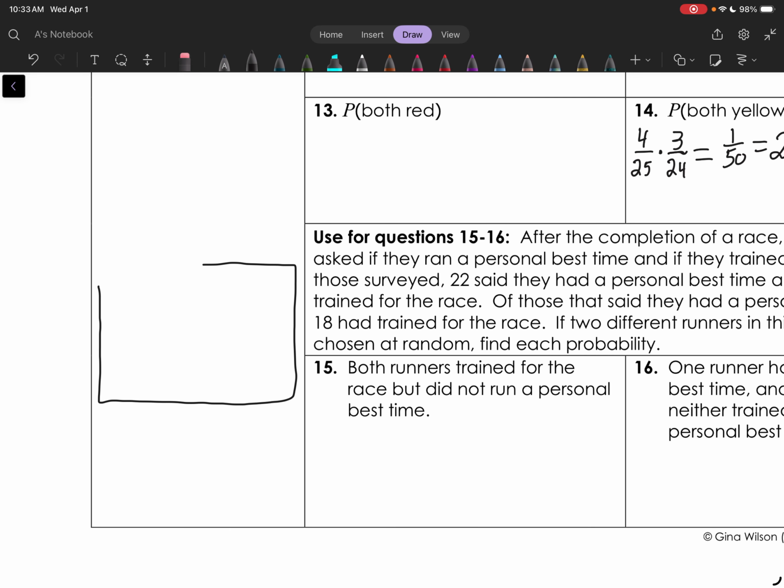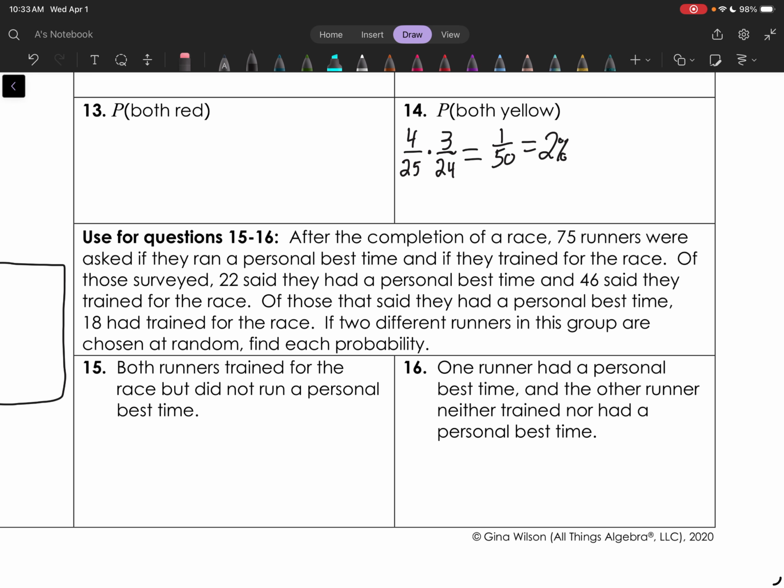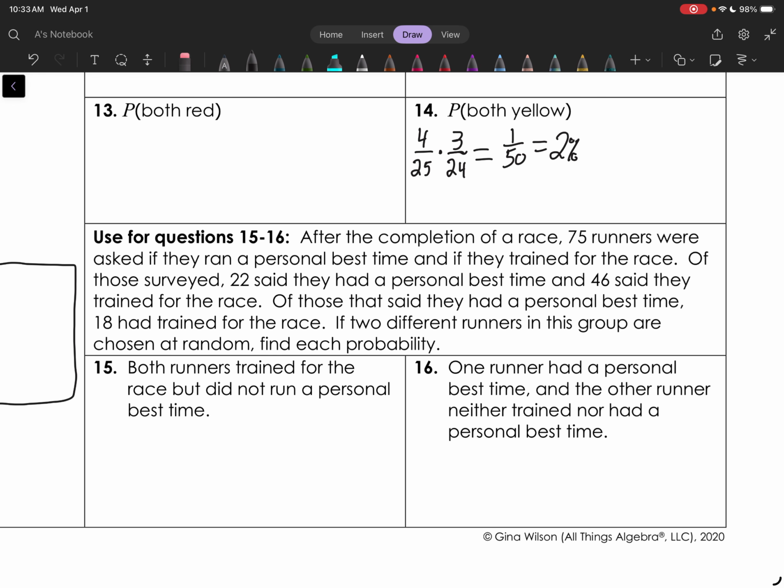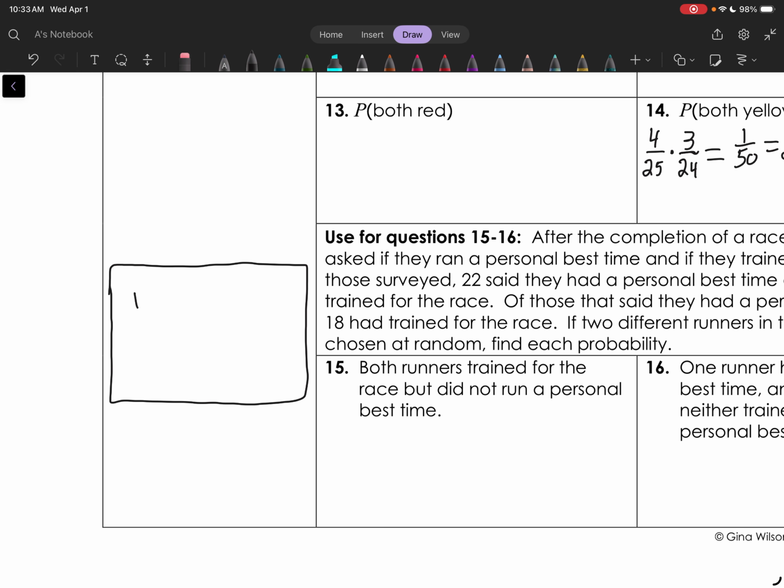So in my runner diagram, I have 2 types of runners. I have personal best and trained.